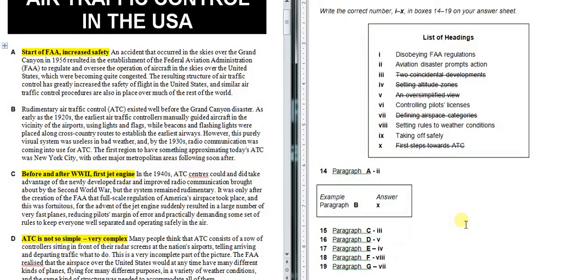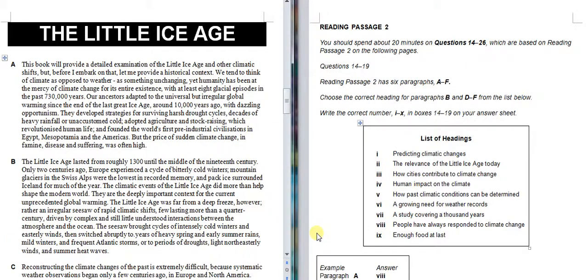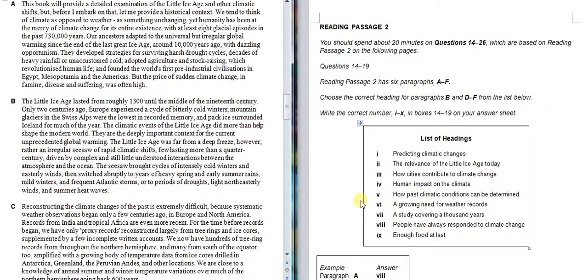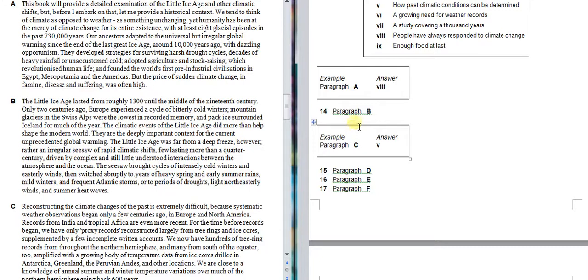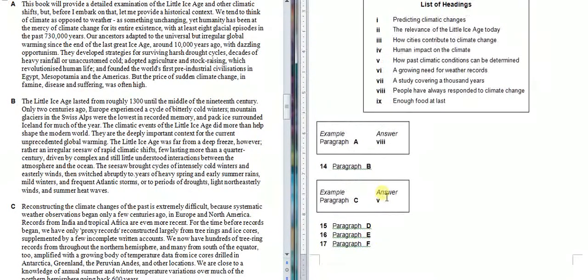Next, we can move on to our second example. So we start by summarizing our paragraphs, and then we check into our headings to match. Okay? All right, well, let's see. We need to do paragraphs B, D, E, and F, and it looks like that's it.